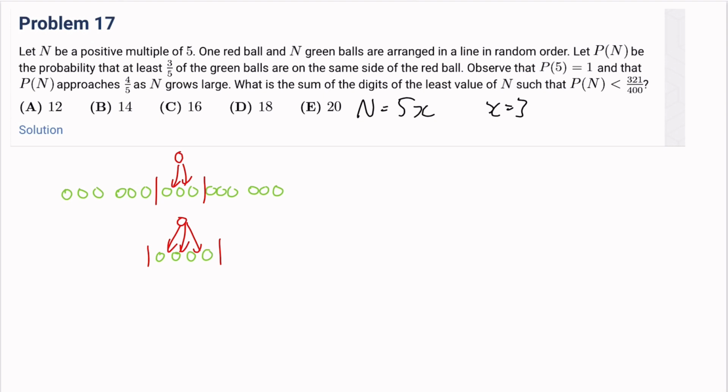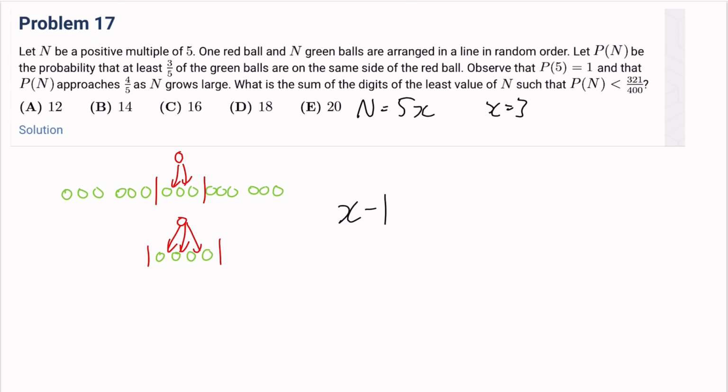So if x is 4, then it's 3, and we see that it's x minus 1, right? So the number of possible ways that the red ball could go is x minus 1, right? And this is the probability of not Pn, right?